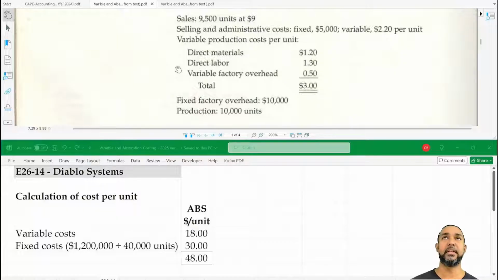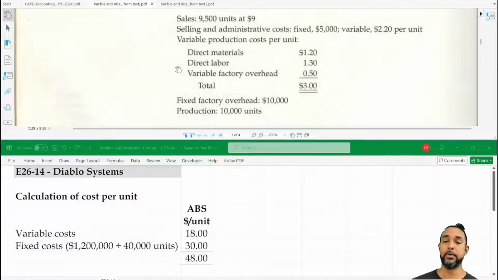The net incomes will differ, and I'll elaborate as to why in a little bit. If there are no opening or closing stocks and all units were sold, then the net incomes will be the same, right? So it's only where we have the presence of opening or closing stocks will the net incomes differ. But we still have to be able to get to the net income in the first place.